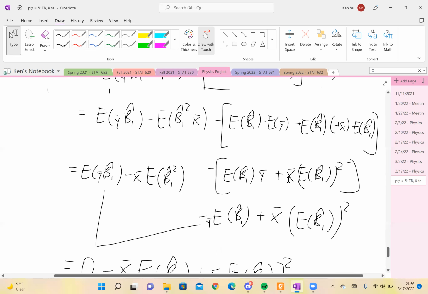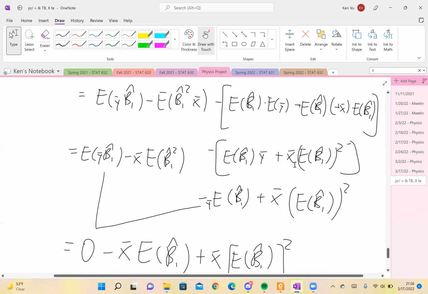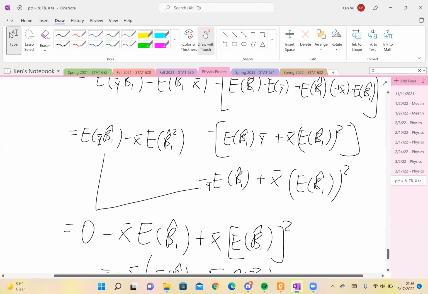Once you do some simplification, you will find that the expectation of y bar times beta 1 hat cancels out with this term, y bar times the expectation of beta 1 hat. So that cancels out to 0.